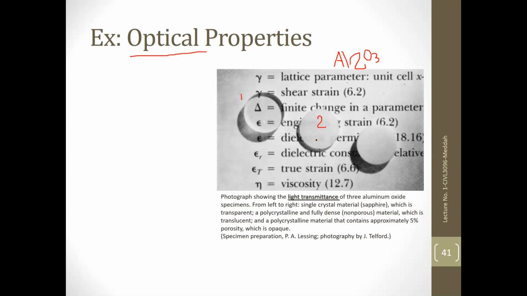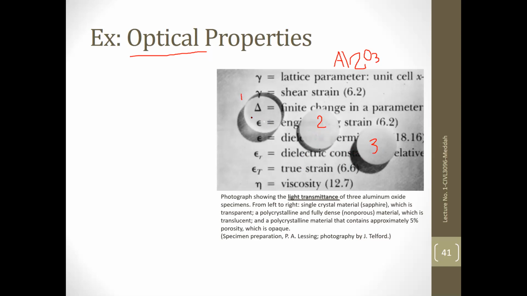We can have a low level of light transmittance. But when you look at sample 3, so nothing. Myself, I cannot see anything. So light transmittance is almost 0, or let's say it's just the lowest compared to the two others.